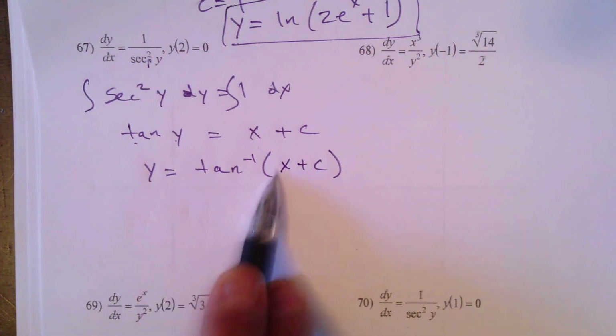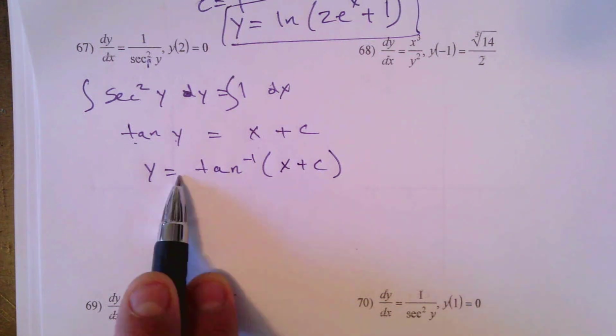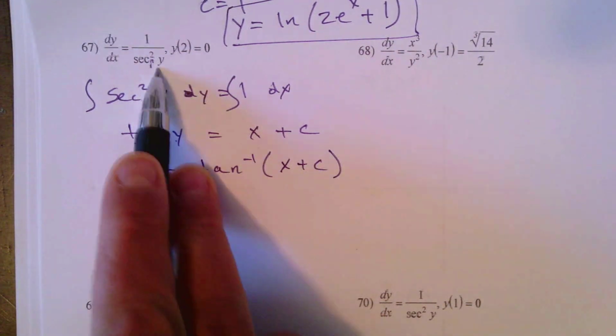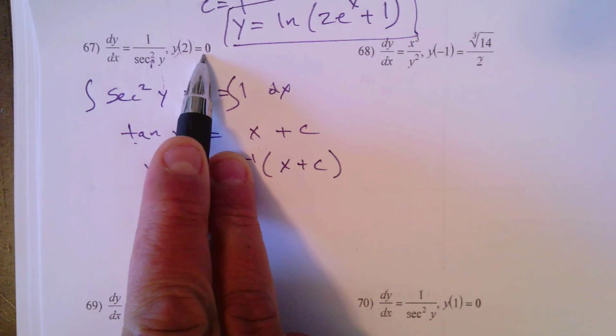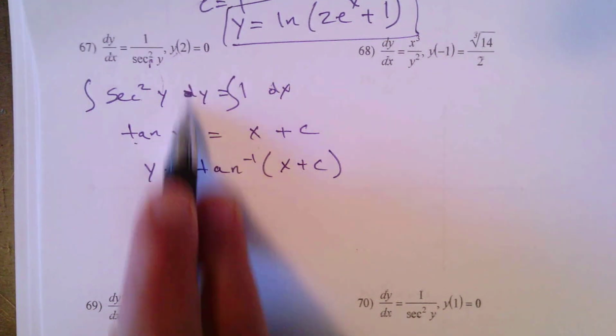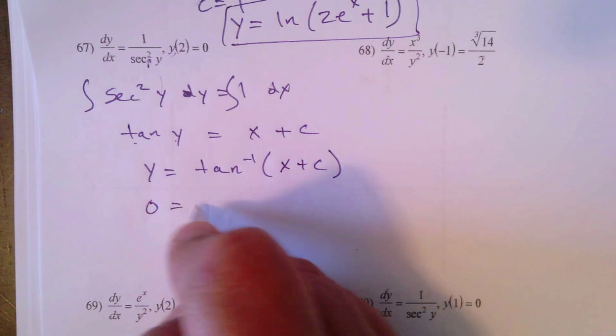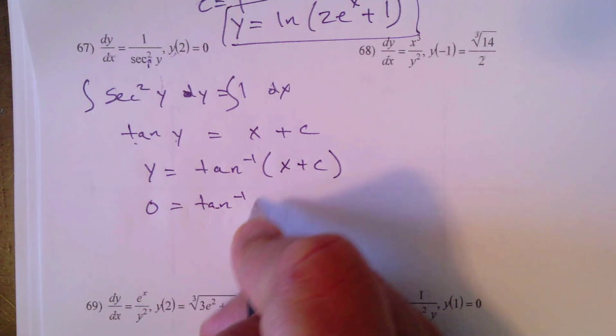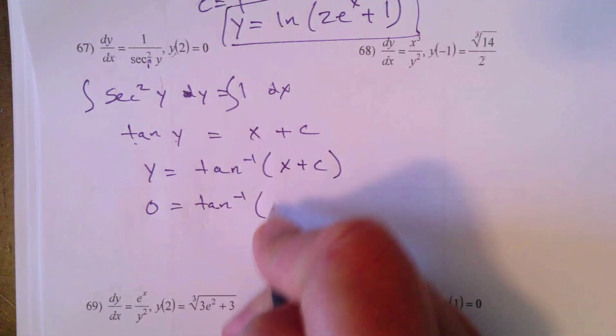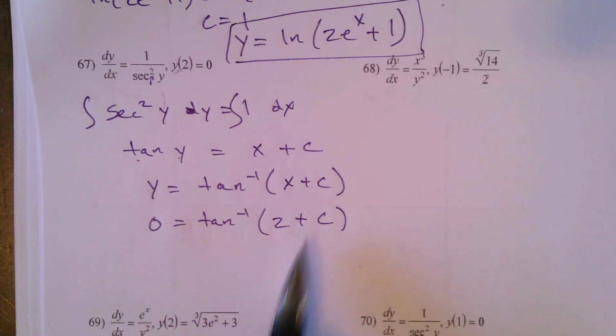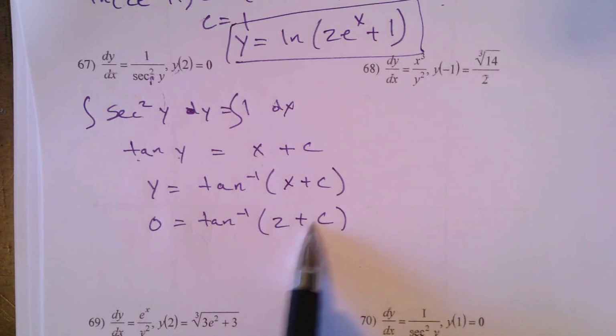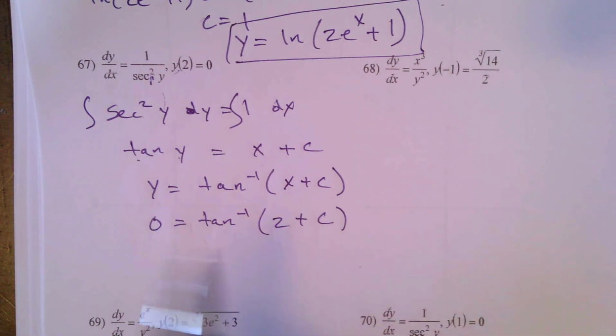And now we've got to figure out what the c is. So now that we have our general solution, we're going to plug 2 in for x and plug 0 in for y. So 0 equals inverse tangent of 2 plus c. To solve an equation like this for c, I could take the tangent of both sides.